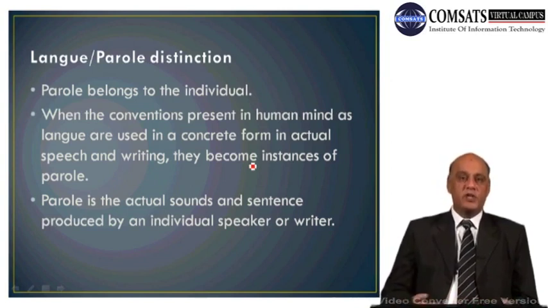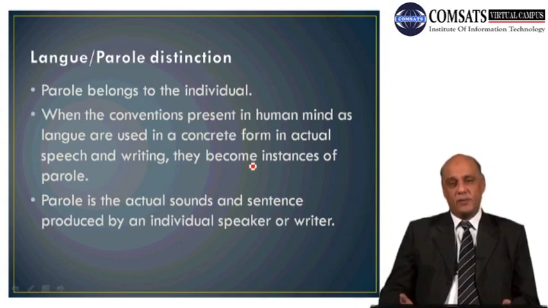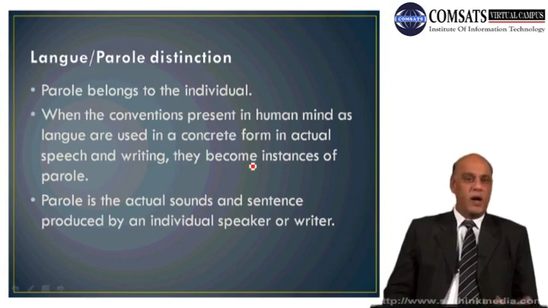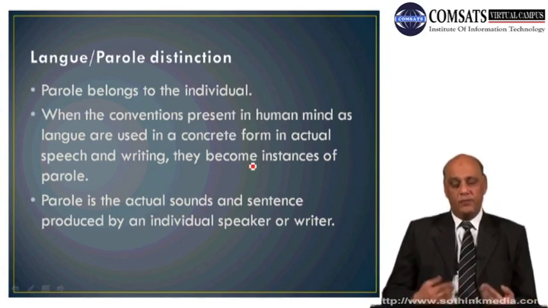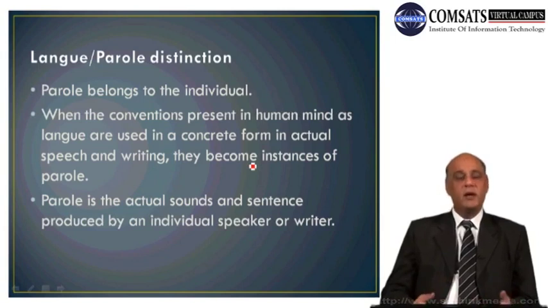These words, the speech, the writing, that is basically the parole, the production, the outcome of those rules. The outcome of those rules is the language which we see, which we can read, which we speak, and that is basically called parole. So parole is actually sounds and sentences produced by an individual speaker or writer.